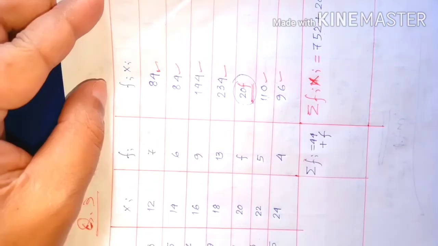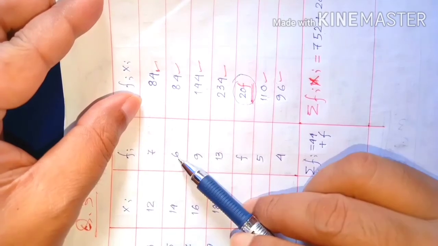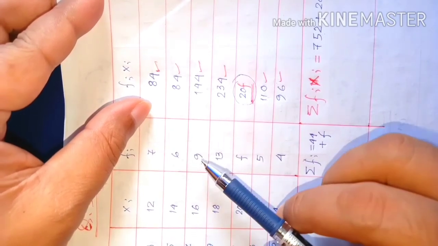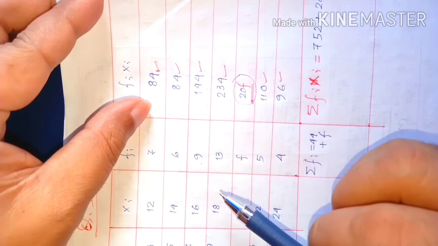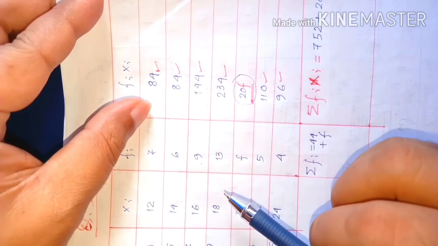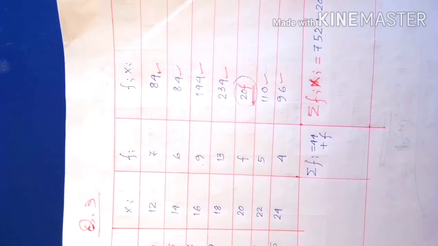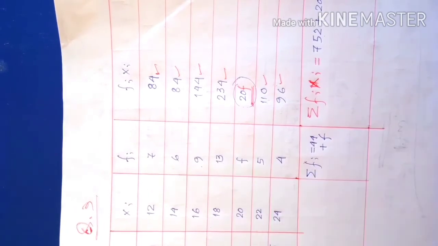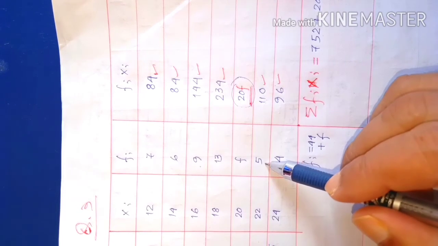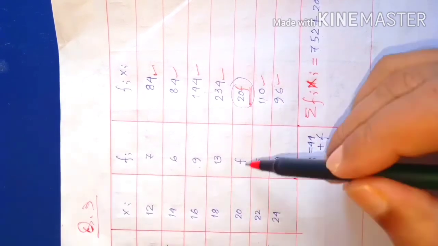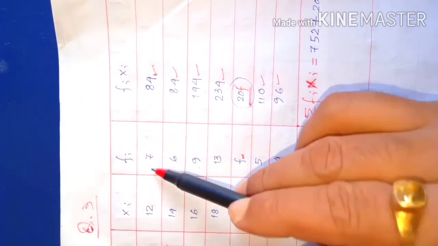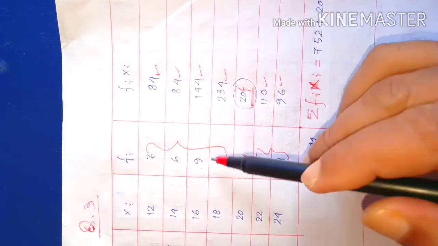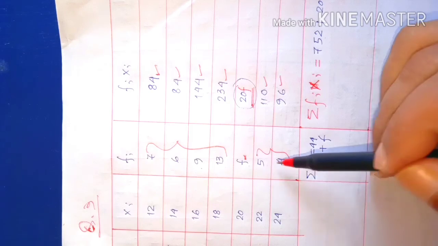Here the total will be: 7 plus 6, 13; 13 plus 9, 22; 22 plus 3, 25; 25 plus 10, 35; 35 plus 5, 40; 40 plus 4, 44.